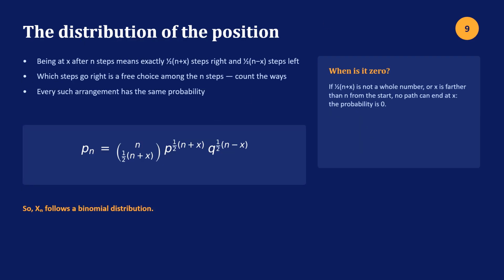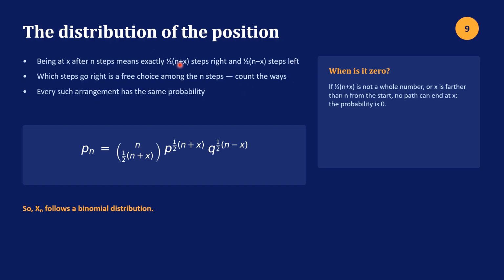We can now compute the distribution for the position of the walker in the random walk. So let x be the position after n steps, and that means that 1/2 (n plus x) steps have been taken to the right, and 1/2 (n minus x) steps have been taken to the left.